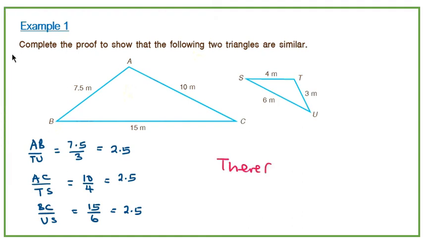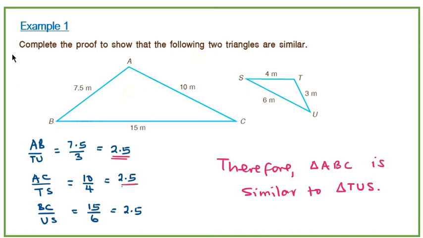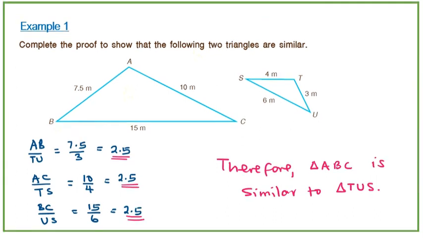Therefore, triangle ABC is similar to triangle TUS. This is because all the ratios of corresponding sides are equal.